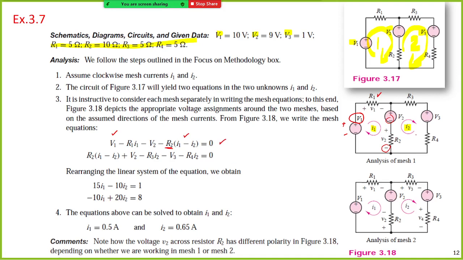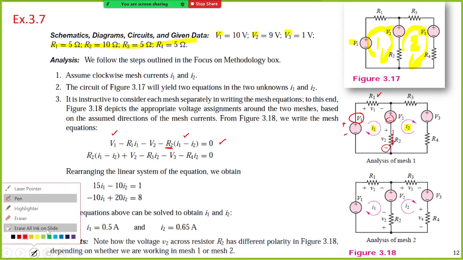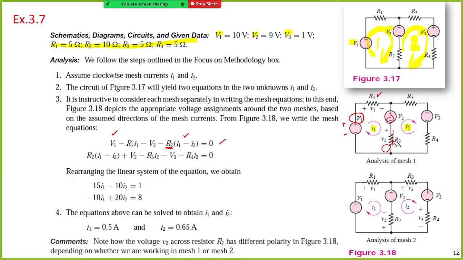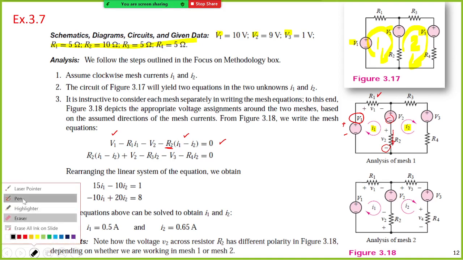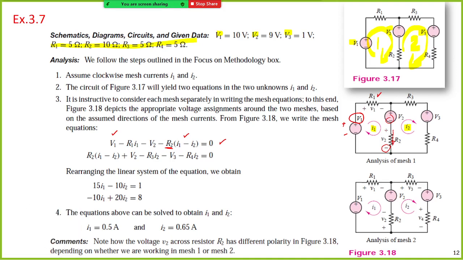And then similarly for the second mesh, we can get a KVL equation as well. This will be R2 times I1 minus I2. If you assume the current flows in this direction, it will be plus minus here, with I1 minus I2 on the positive side.